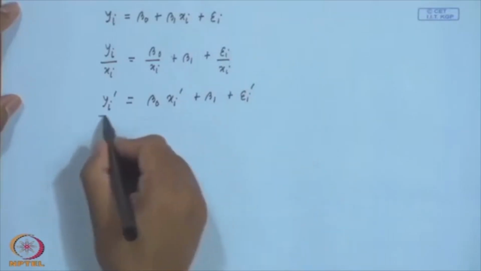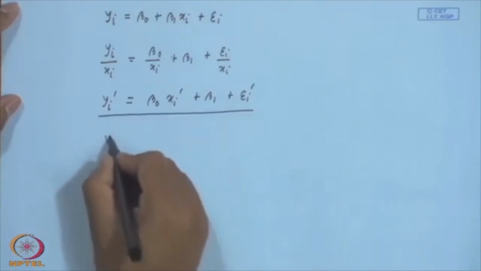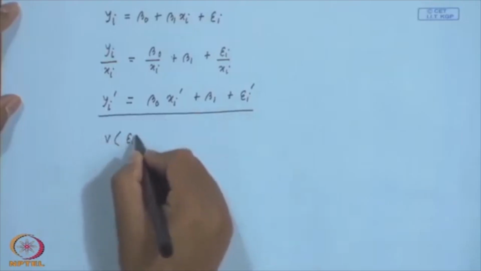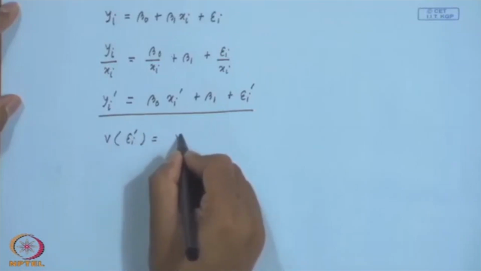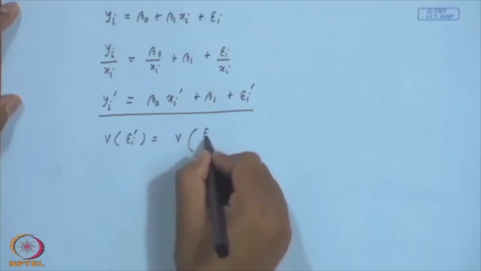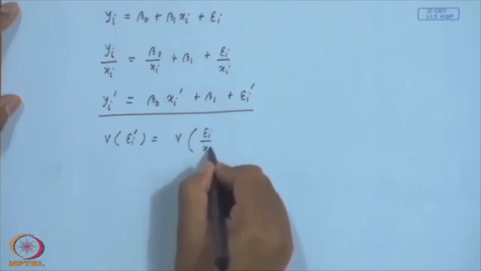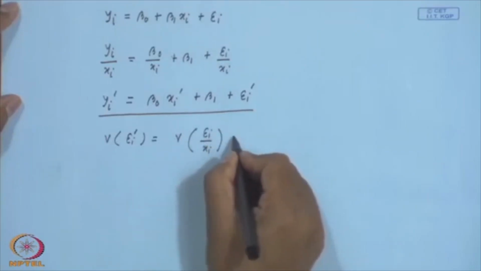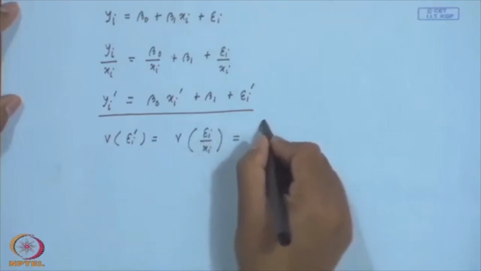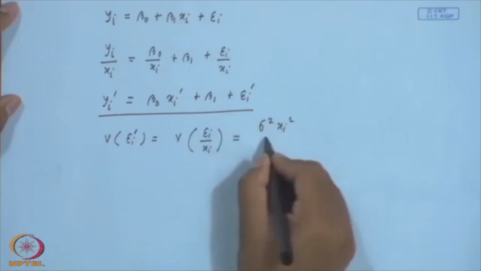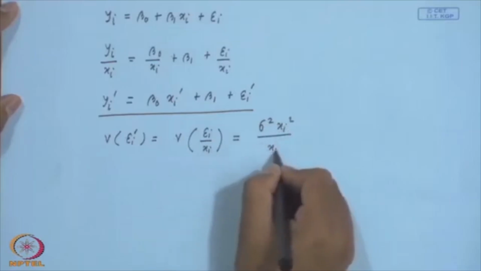Now, you can check in this transformed model the variance of epsilon_i prime is equal to the variance of epsilon_i by x_i squared, and we know that the variance of epsilon_i is sigma squared x_i squared.